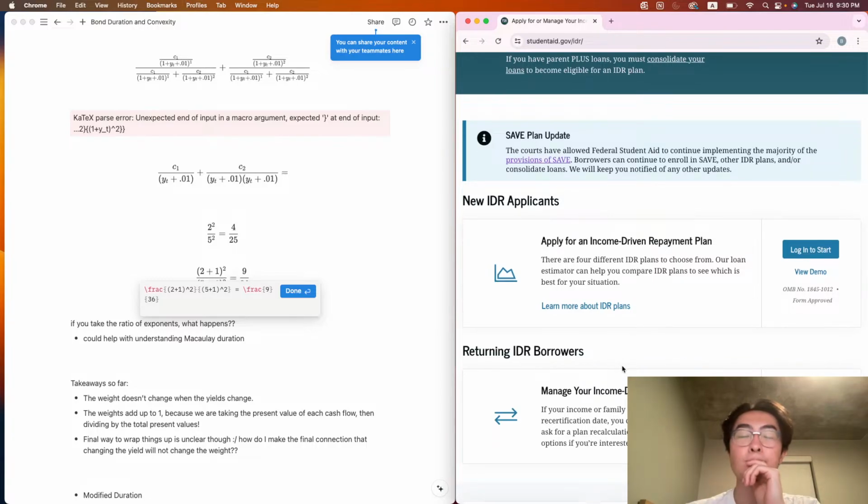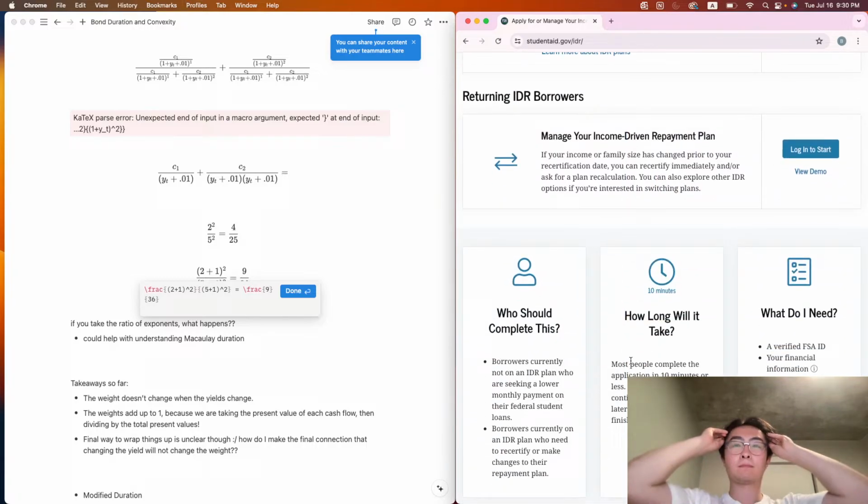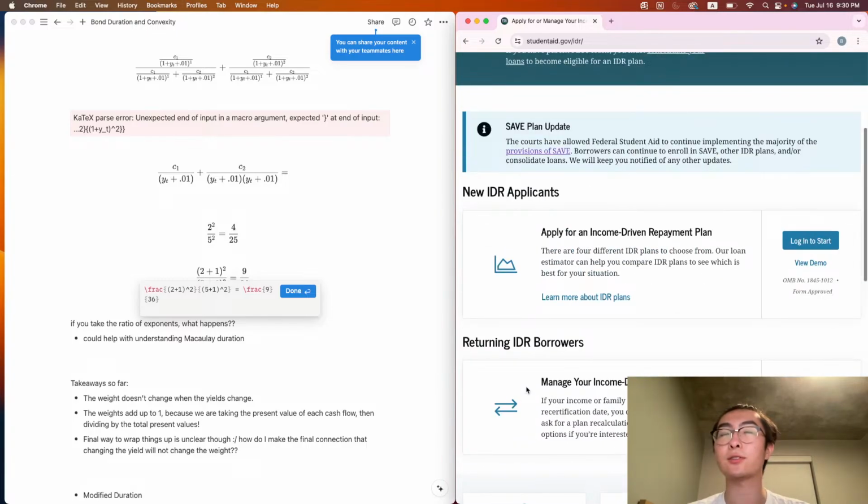Forbearance. Hmm? Wait, I think you should give this a try. See what happens, right? Because you have federal student loans, so it doesn't hurt to try. Maybe save a few grand.